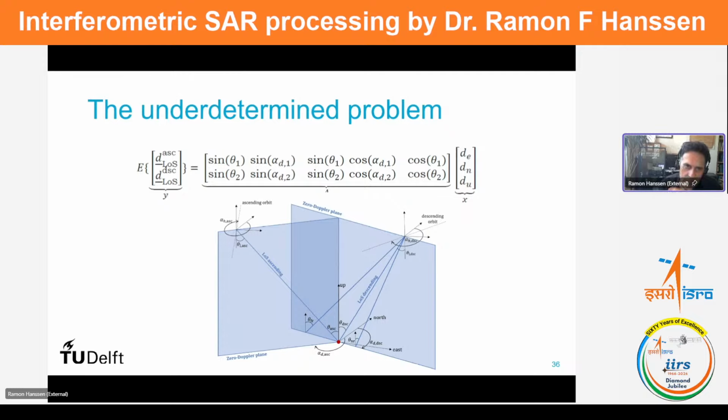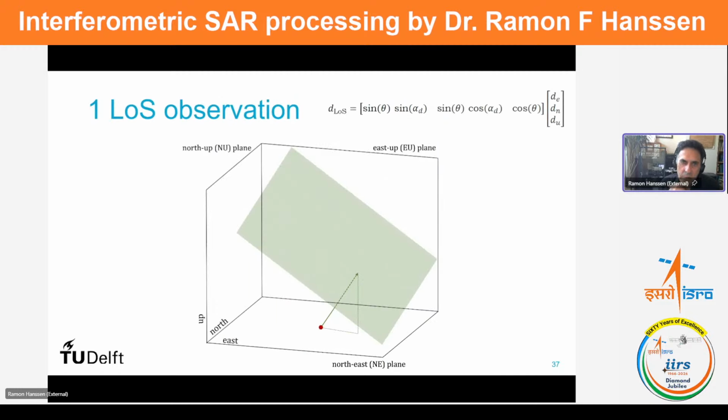Now, what will that line look like? So first of all, here we see the line of sight motion for the ascending orbit and the descending orbit. We have the 2 zero Doppler planes, and they intersect here. And let's see what that looks like. So if we have only one viewing geometry, this is a repetition of the previous graph.